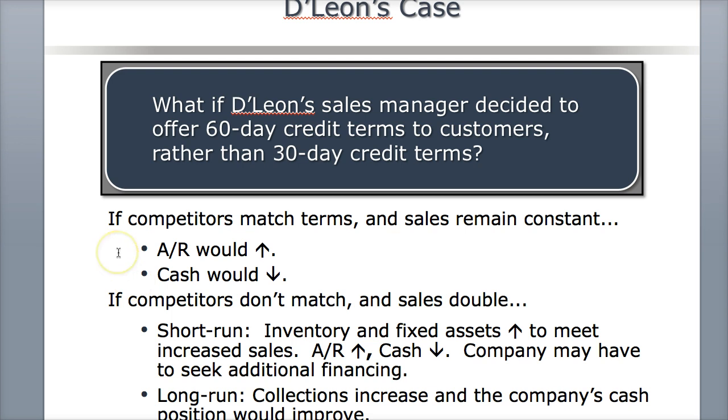If they're offering 60 days of credit rather than 30, which could be attractive, it means that we are not collecting cash as fast, and we're burning through cash to supply the inventory that the customers are going to buy, and they're going to owe us money for.